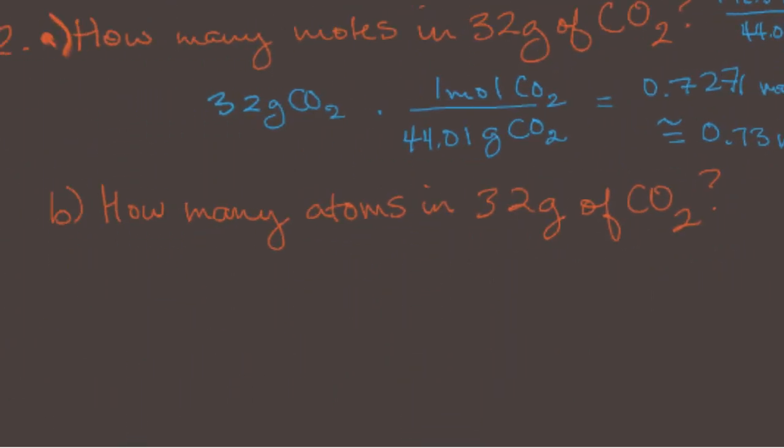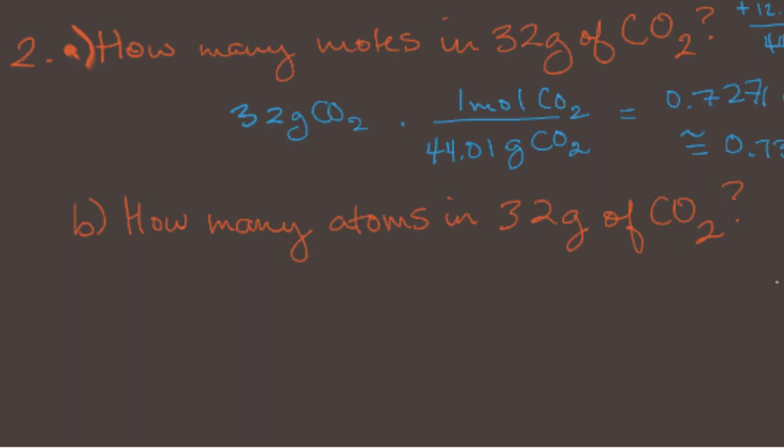All right, so in this case, if we want to go to atoms, you would take that one step further, and you would end up multiplying by Avogadro's number, just to show you the complete calculation. Let's say you weren't given moles in the first step, and this was a question right away.